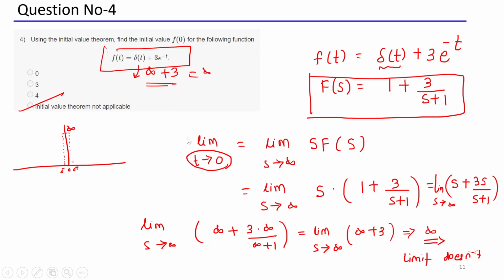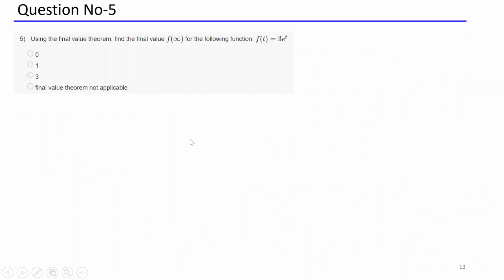Okay. Let's move towards another question. I think one final value theorem is there. So now find out what is the final value of this function f of t equal to 3 into e to the power t.